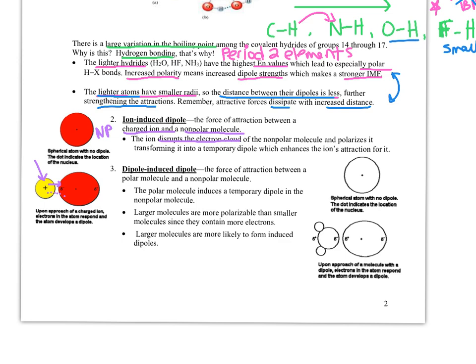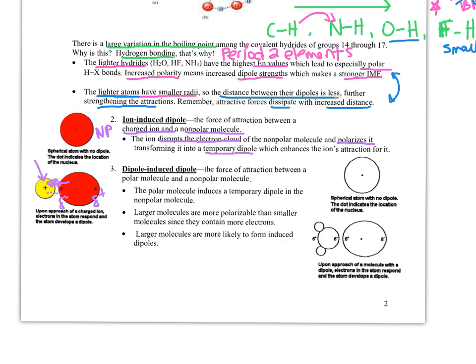So basically the ion pulls the electrons in the electron cloud closer, polarizes it, and transfers it into a temporary dipole, which allows the ion's attraction. So it'll make this side partially negative, and this side becomes partially positive because some of those electrons will shift over to be closer to that ion. So you can induce a dipole with a charged ion.